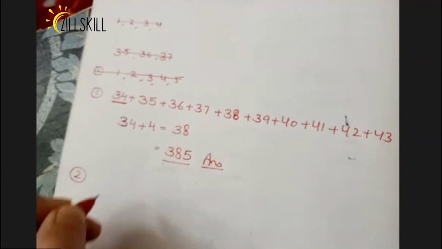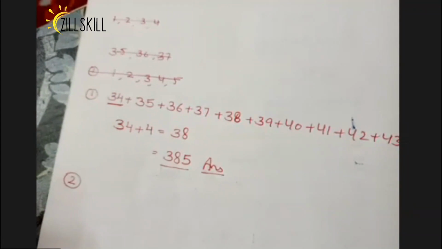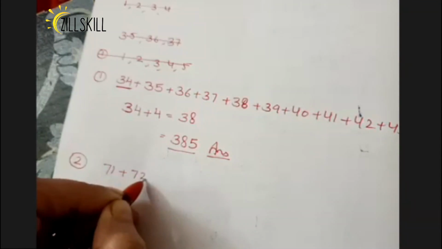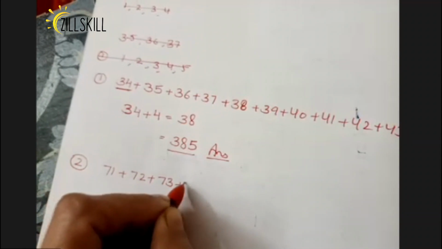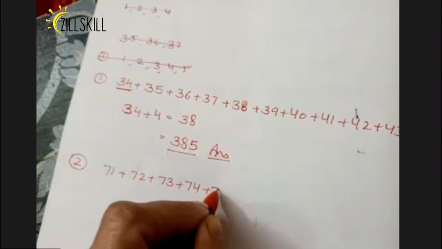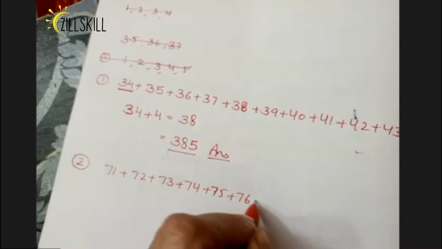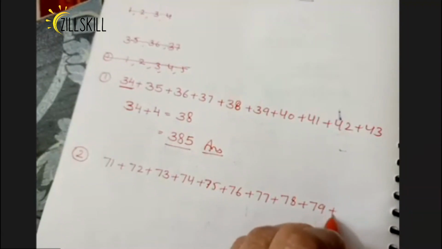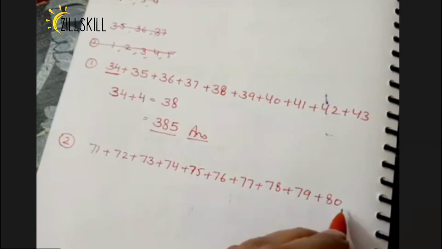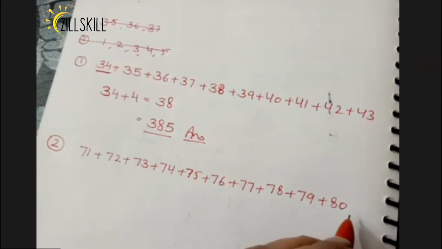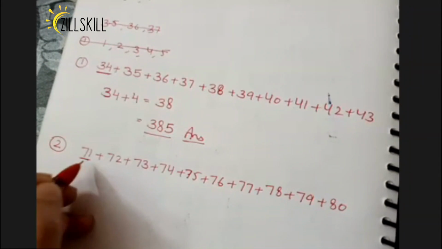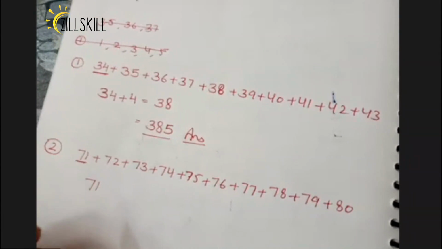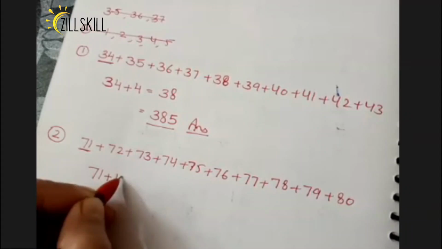Now, if we have any series, like 71, 72, 73, 74, 75, 76, 77, 78, 79 and 80. These are 10 numbers. Take the first number of the series and add only 4.